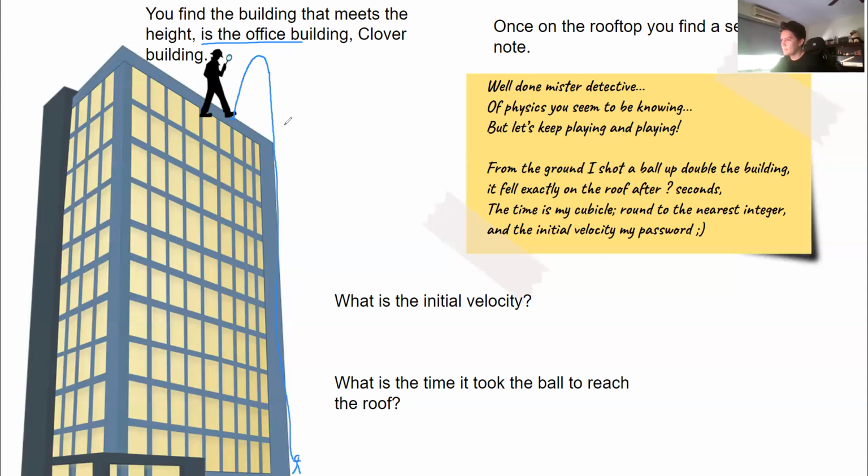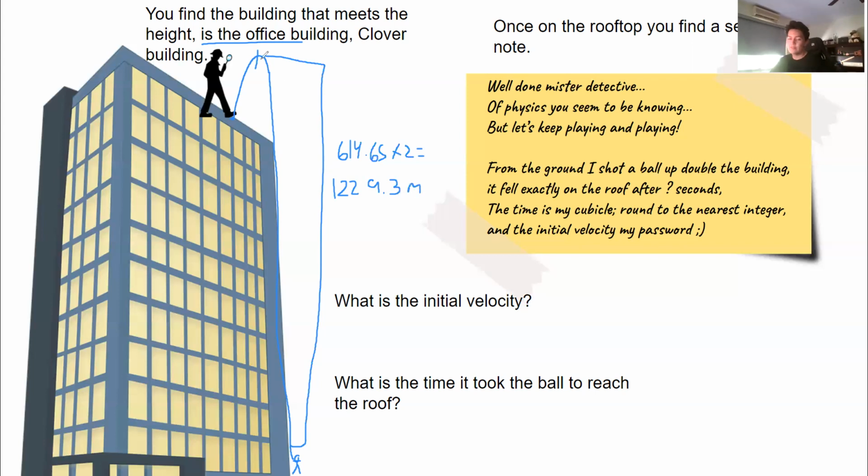Now, this height, we have to double it in this part. So 614.65 times 2 is 1,229.3 meters.